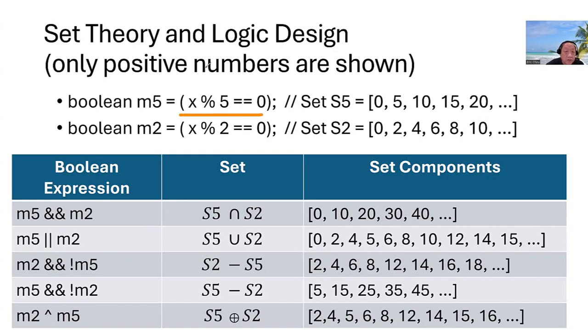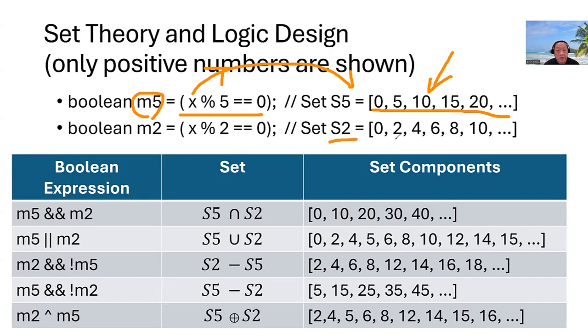When this is true, then the set of numbers that would make it true, we call this the M5 set. It's 0, 5, 10, 15, 20. This is the multiples of 5. So you declare that M5 equals x modulo 5 equals 0, then x in the set S5 will make it true. Anything else will make it false.